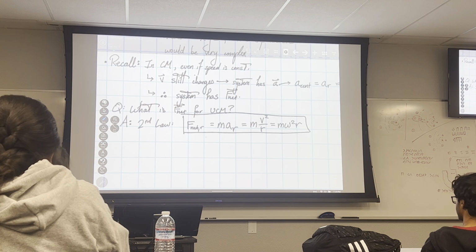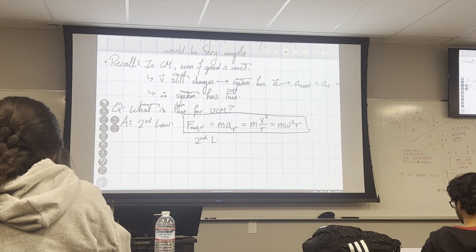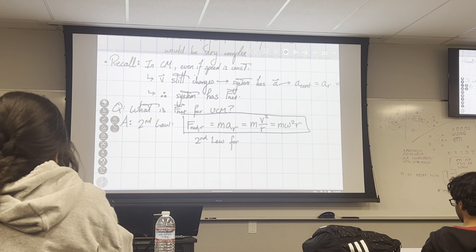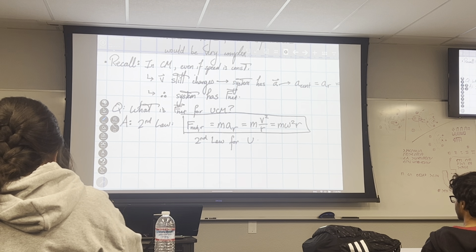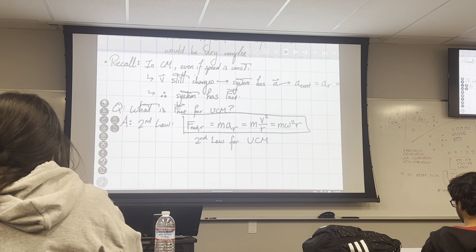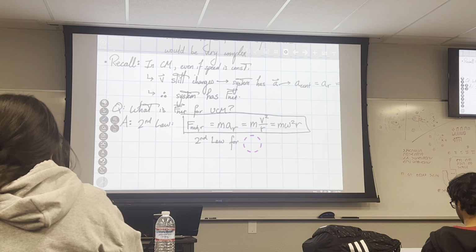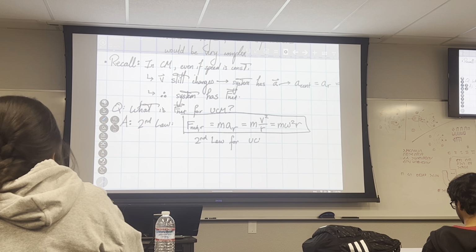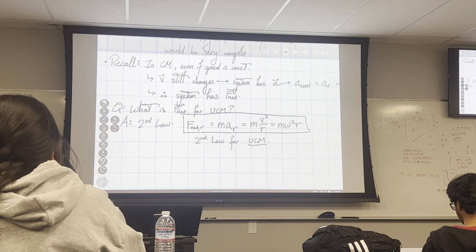This is Newton's second law for uniform circular motion.